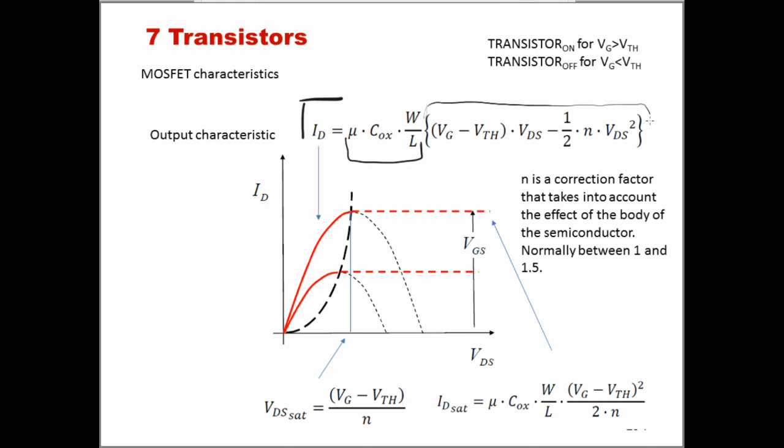So this formula here gives us the output characteristic. What we can see from this formula here is that this is effectively the relation that represents well the output characteristic of the transistor in the linear regime.